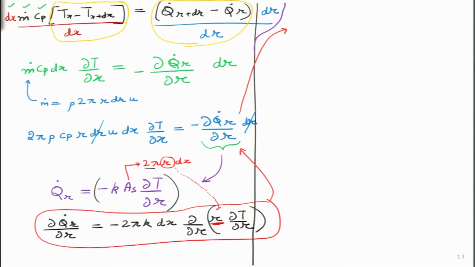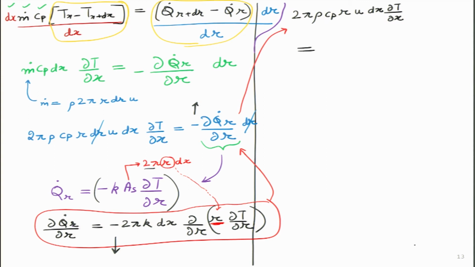Now, let me write this thing, and believe me, it will simplify in just 1 minute. So, it becomes 2 pi, I am writing the left hand side, 2 pi rho Cp into r into u dx del t del x. What is the right hand side? 2 minuses will cancel out. There is a minus over here and there is a minus over here, both will get cancelled out, right?